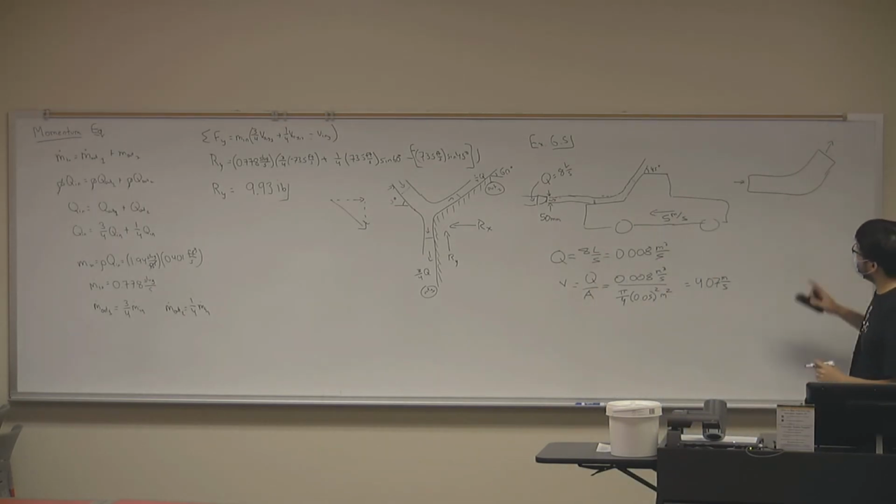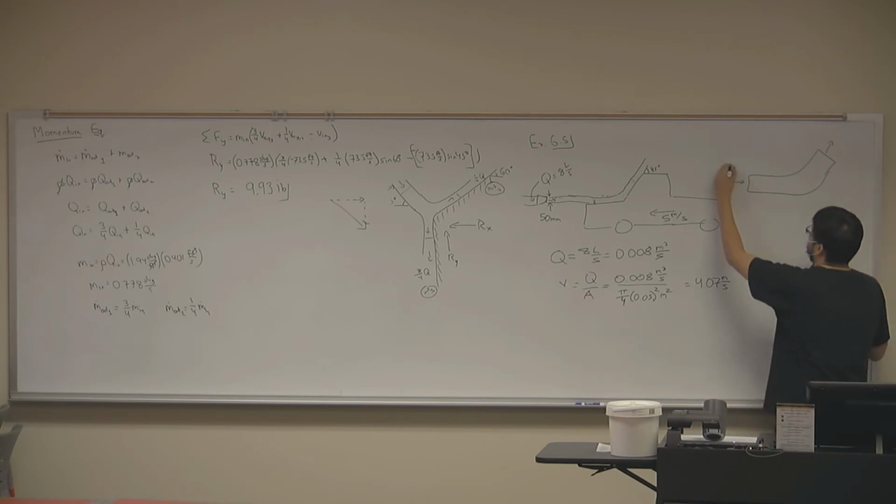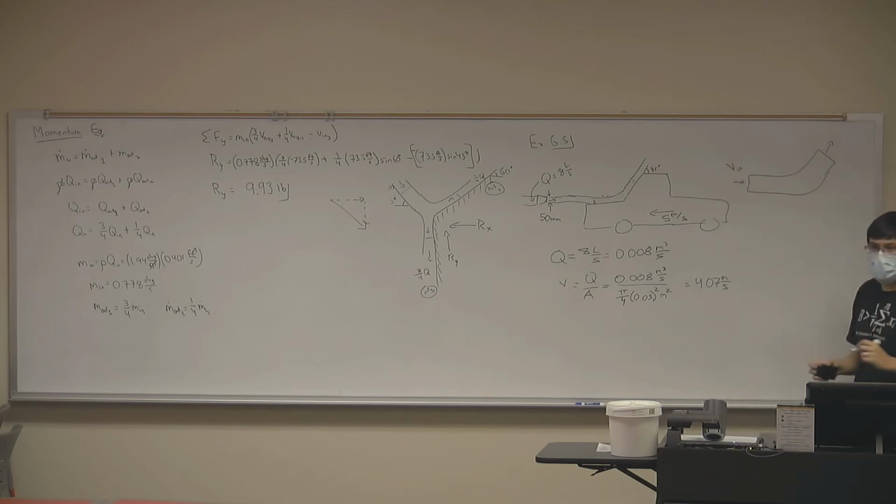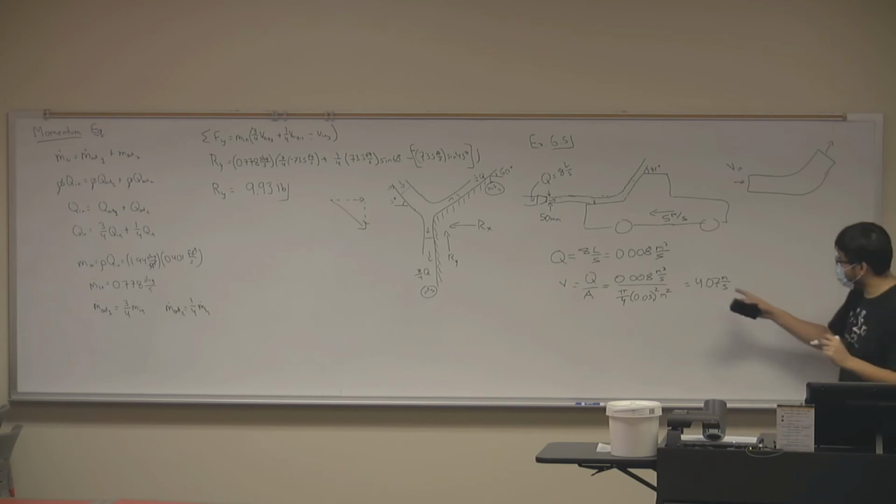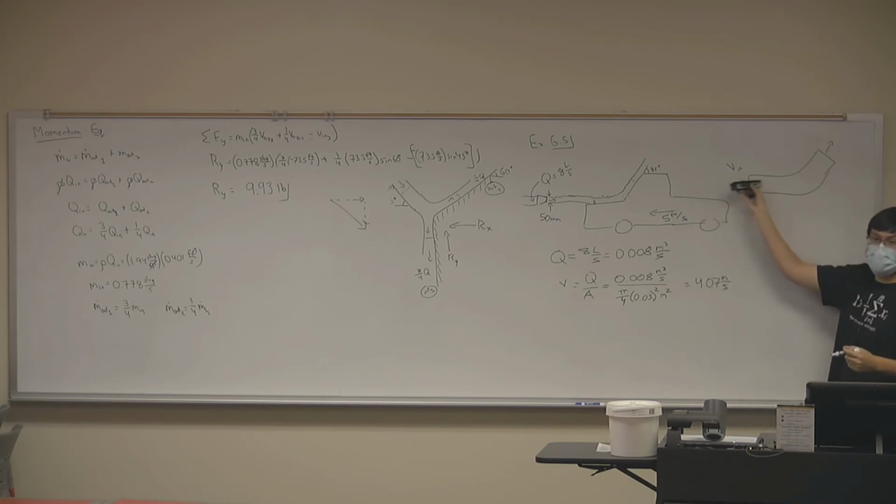But now let's look at it in terms of the control volume, right? In terms of this control volume, what is the velocity that's entering the control volume? What do you think? 5 meters per second. Is that the velocity? No. There we go, right? So you have flow coming in at 4.07 meters per second.